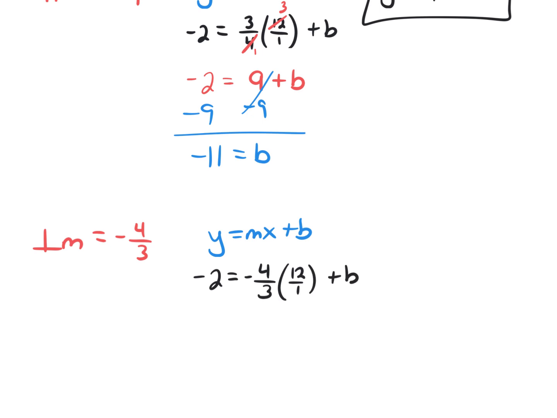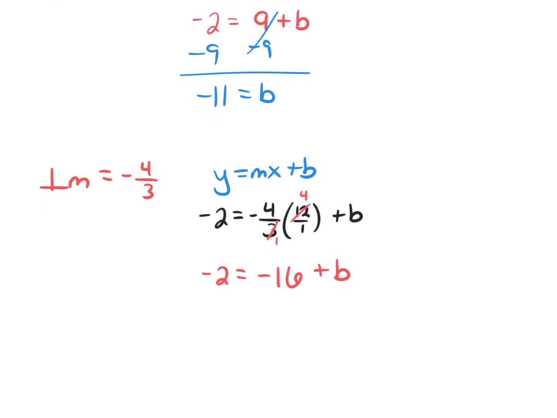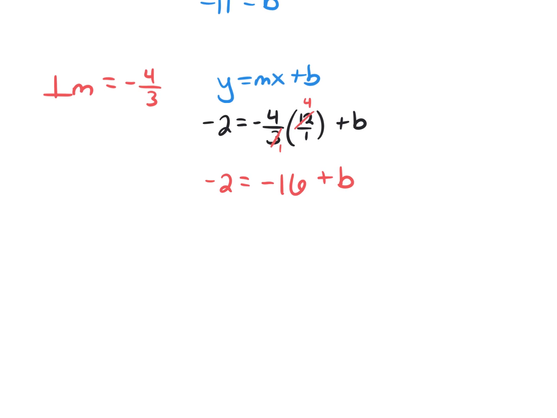And then plus b. Again, what can I do with this 12 and 3 here? Yep, how many times does 3 go into 12? 4. So we have negative 4 times 4, which is negative 16 plus b. What do I do from here? Yep.